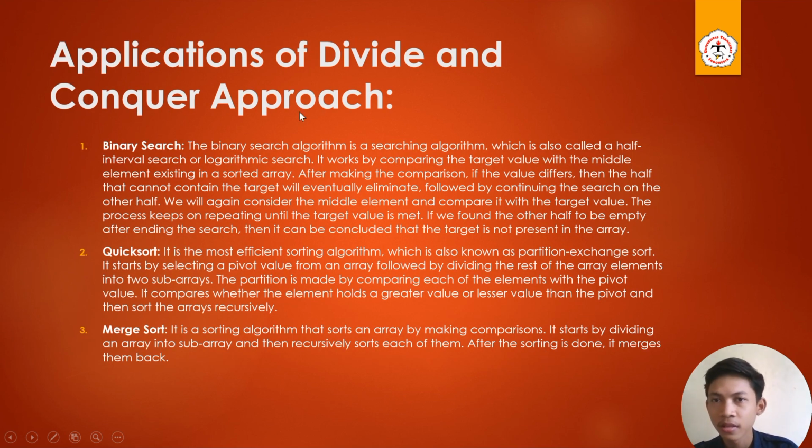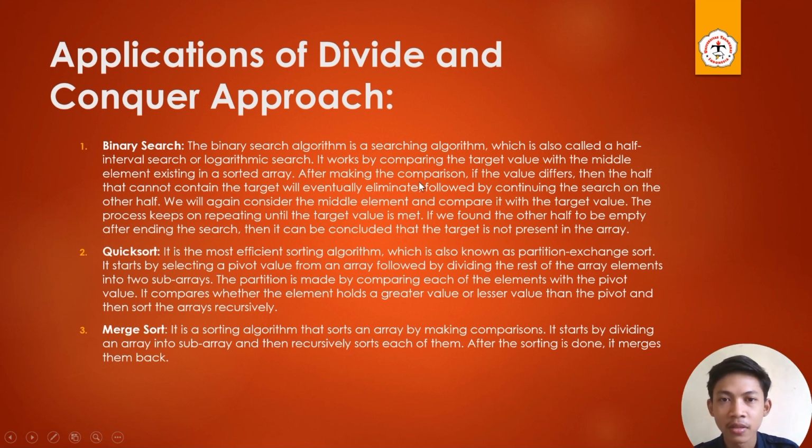Next, applications of the divide and conquer approach. First is binary search. The binary search algorithm is a searching algorithm which is also called half-interval search or logarithmic search. It works by comparing the target value with the middle element existing in a sorted array.